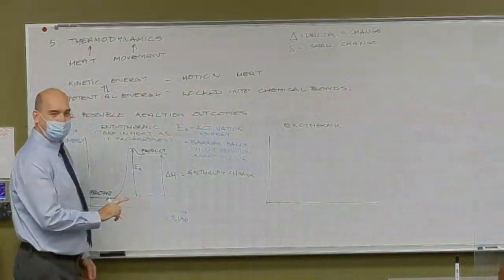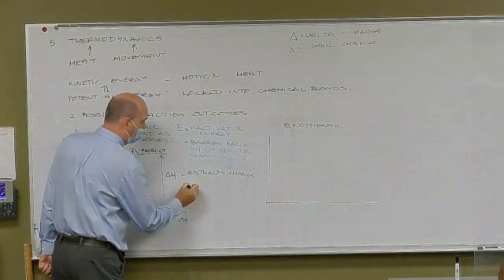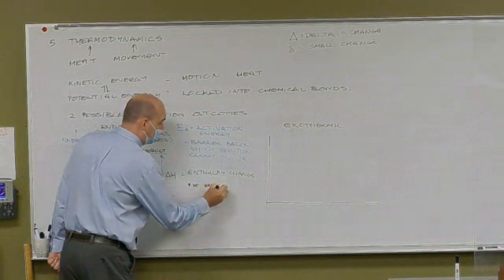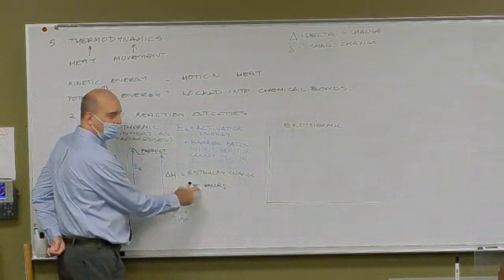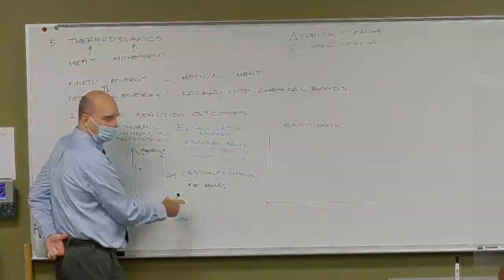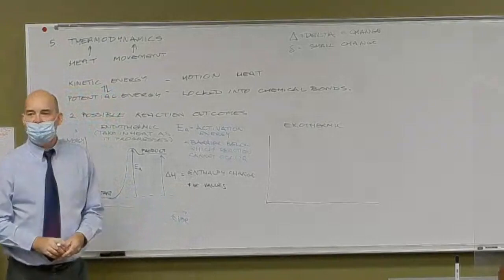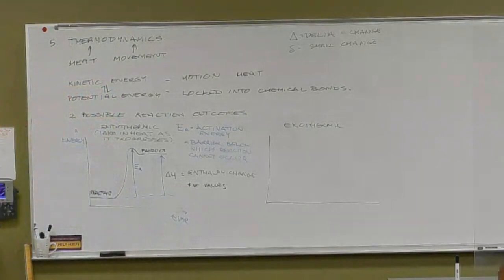For a reaction that takes in heat, delta H is going to have positive values. My symbol for positive is a plus VE. Positive values of delta H. So enthalpy is an energy.